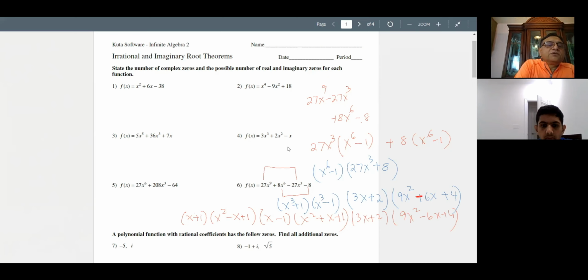So how many real roots do we have? Real roots are 1, 2, 3, so 3 real roots. And imaginary roots are 2, 4, 6. Is that clear to you? That is your working to show how many real and how many imaginary roots you can have.